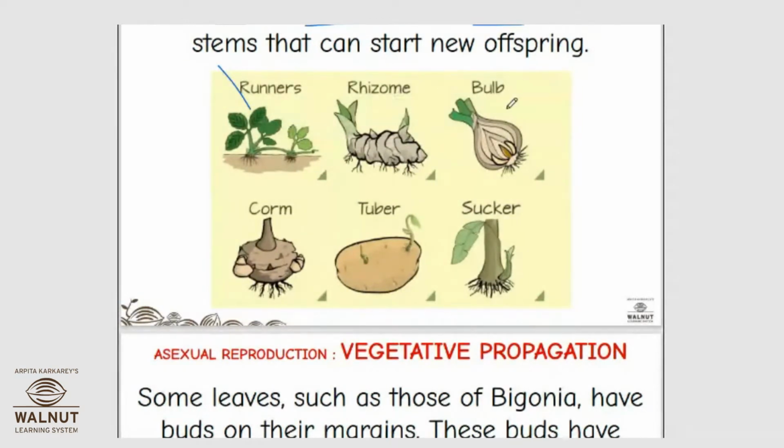Rhizome, the bulbs, onion or garlic you can say, the corm, the tuber, the sucker. So these are different parts in the plant, the stem part, which are acting as the organ of reproduction for these plants.